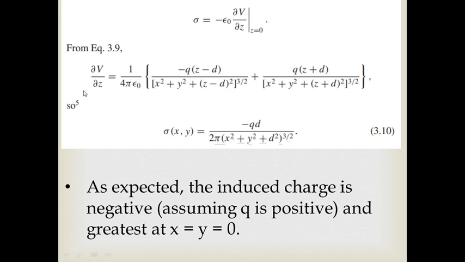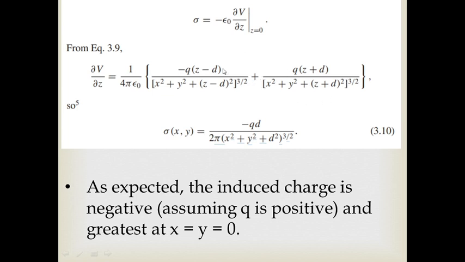First, we have differentiated our potential equation 3.9 with respect to z, and that comes out to be 1 upon 4 pi epsilon 0 times minus q into (z minus d) upon (x square plus y square plus (z minus d) whole square) raised to 3 by 2, plus q into (z plus d) upon (x square plus y square plus (z plus d) whole square) raised to 3 by 2.